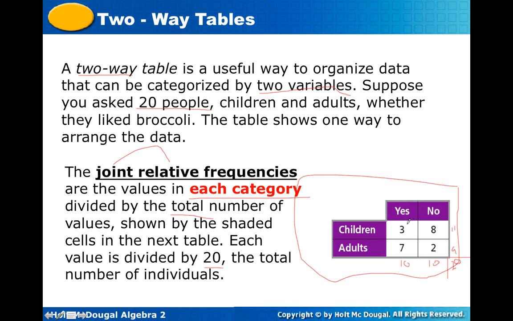So what we're going to do is divide every number by 20. So 3 is going to be divided by 20. 8 is going to be divided by 20. 7 is going to be divided by 20. And 2 is going to be divided by 20. So we're going to take all of our answers and divide them by 20, and that's going to give us a joint relative frequency.